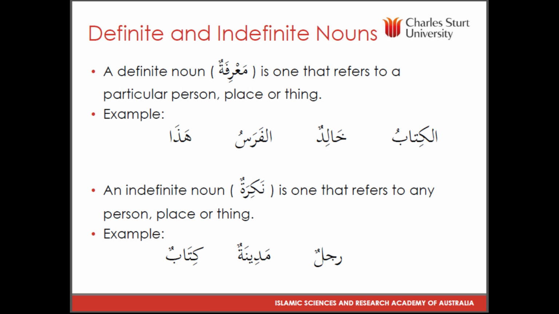For example, last week we talked about what? Let's say هذا. First let's talk about this one. What is هذا? Remember last week. This. Okay. What is the gender for this one?